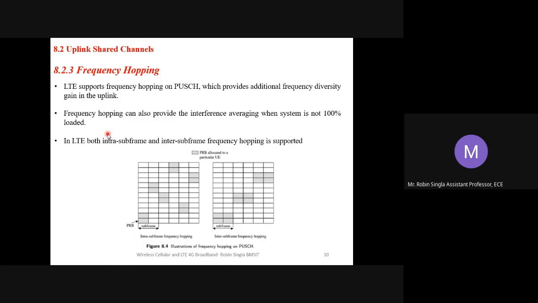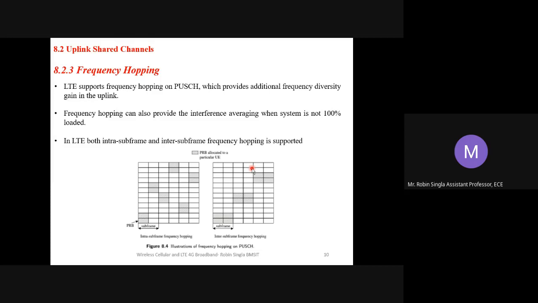In LTE, both intra-subframe and inter-subframe frequency hopping are supported. You see here the two types of frequency hopping. In this figure intra-subframe is explained, and in this figure inter-subframe is explained.